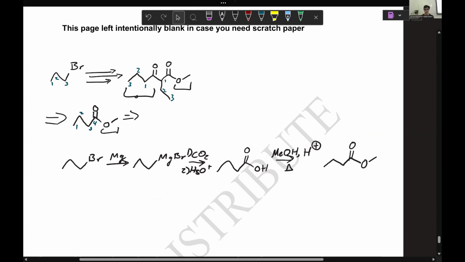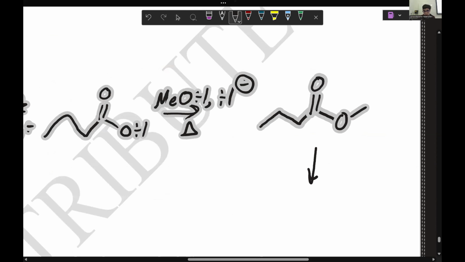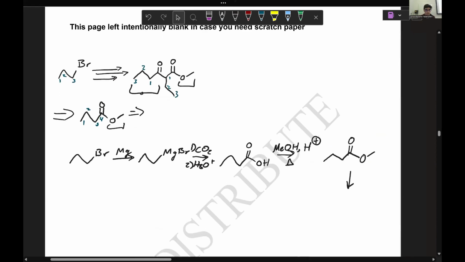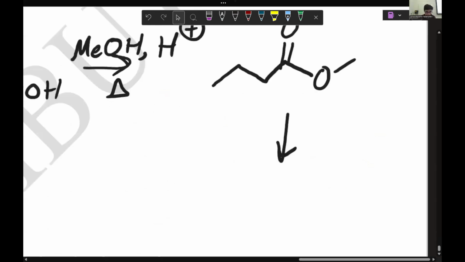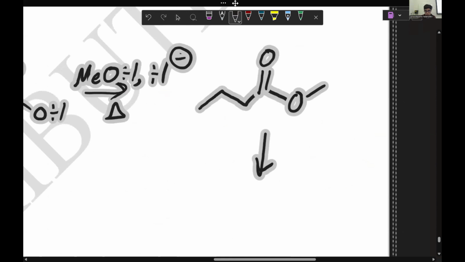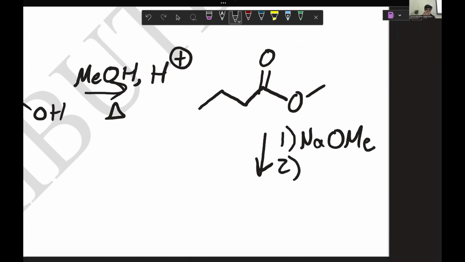Okay, so now we have our ester, and the last thing we can do that's one step away from our product is the Claisen. I'll write it out so that we have time. With the Claisen, you pick a base that matches the carbons on your ester.